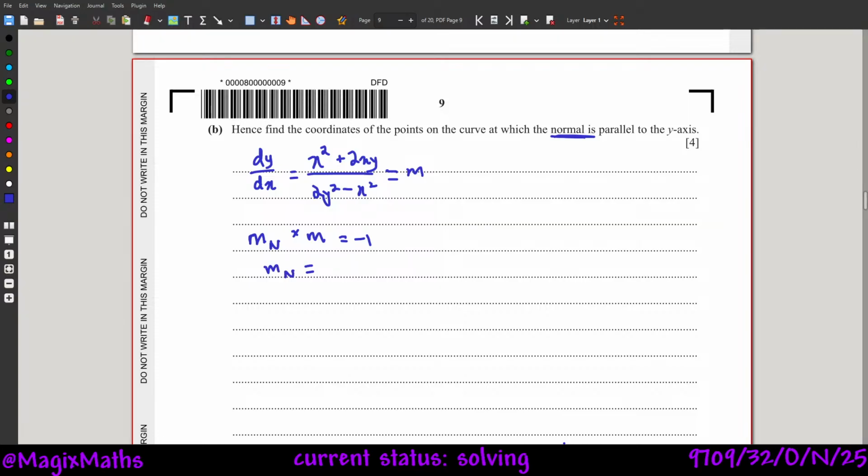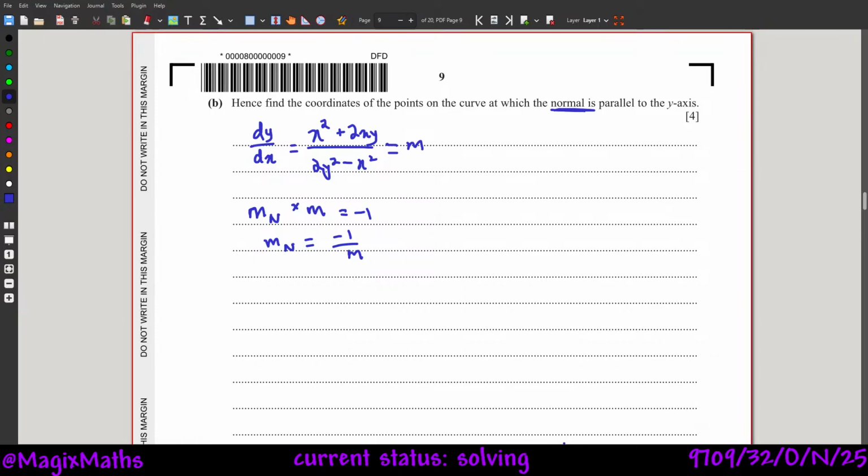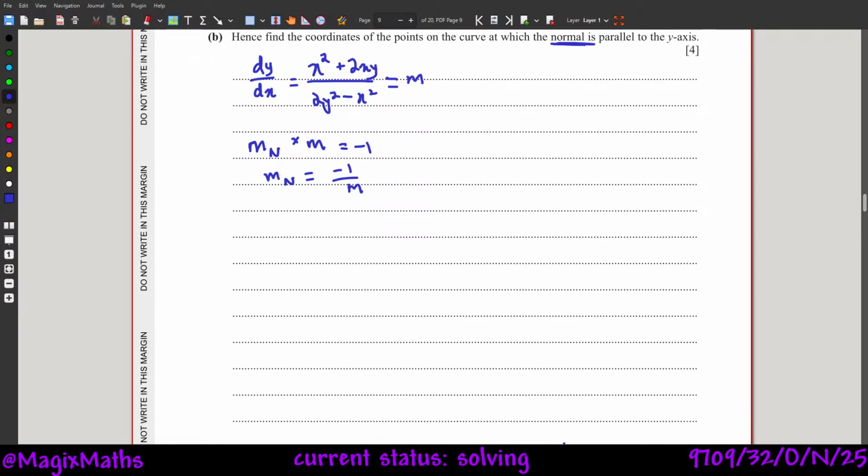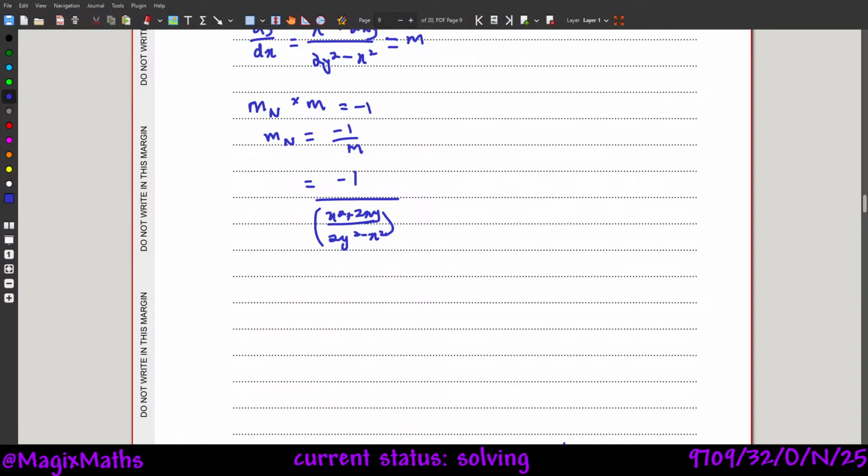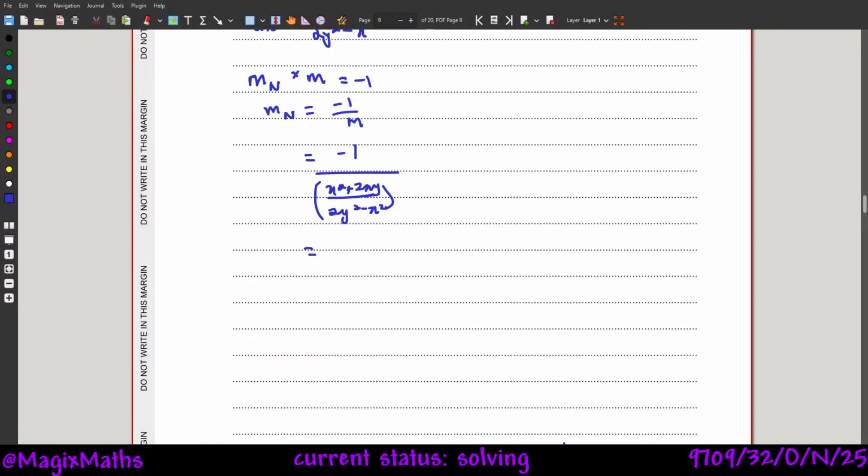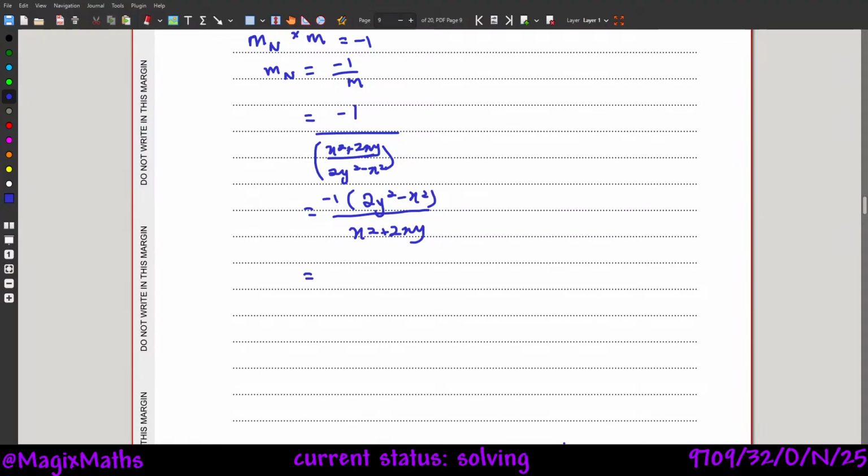So normal is just -1 over m. So it's just -1 over the whole thing, and the whole thing is flipped. Okay, so this is the gradient of normal.